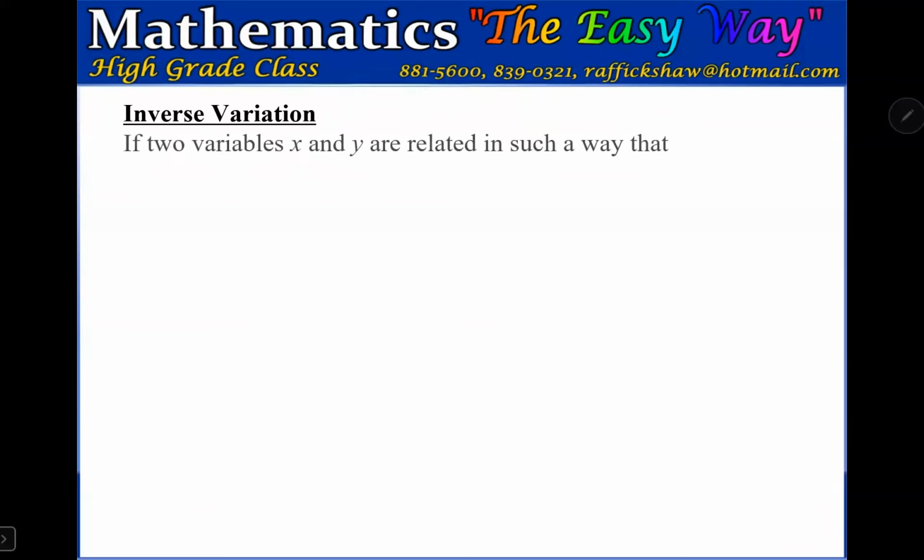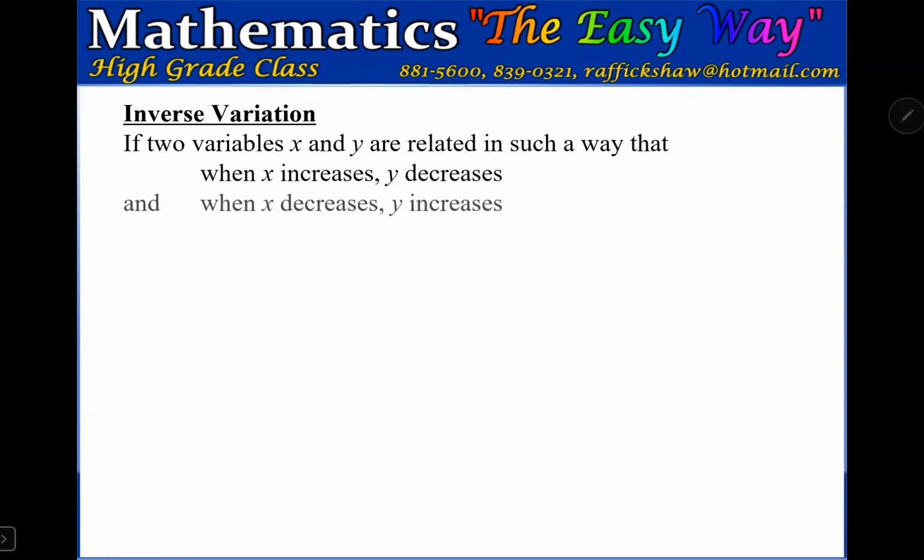If two variables x and y are related in such a way that when x increases, y decreases, and when x decreases, y increases, then they are obeying what we call an inverse variation.